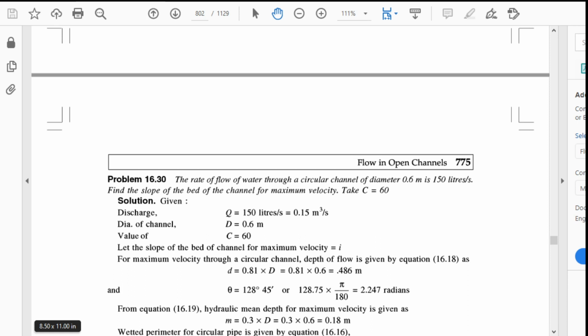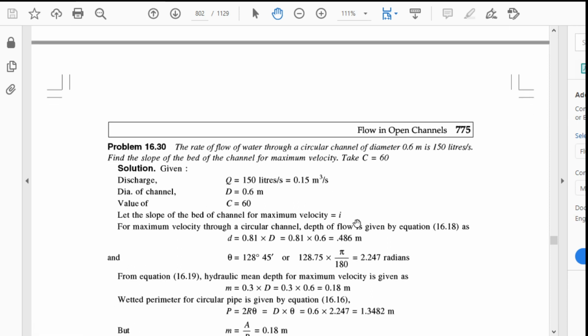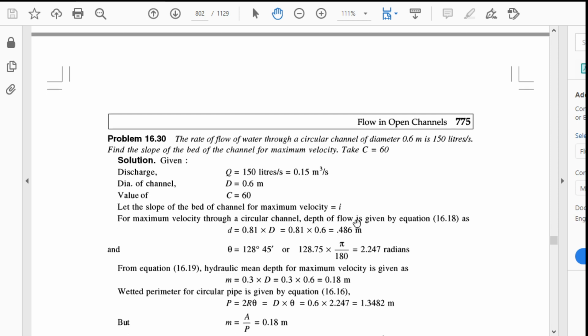Here they have given Chezy's constant equal to 60, and the diameter of the circular channel is given as 0.6 meters. The discharge is also given in liters per second, so you have to take care of the units also.